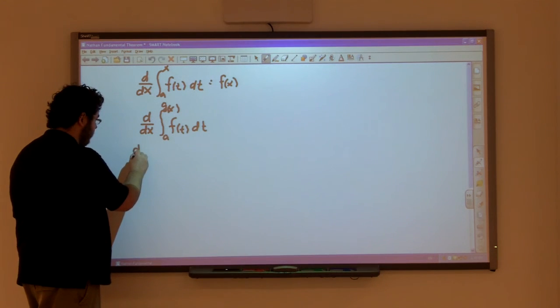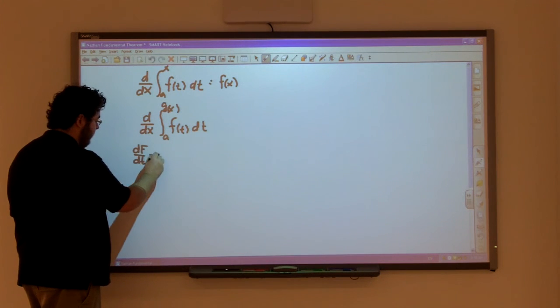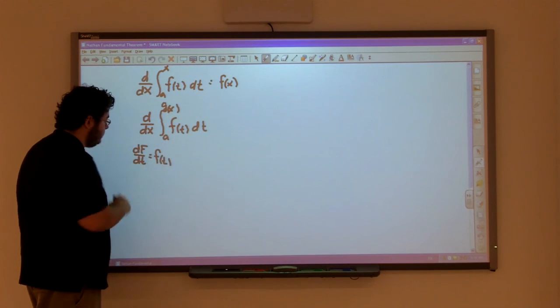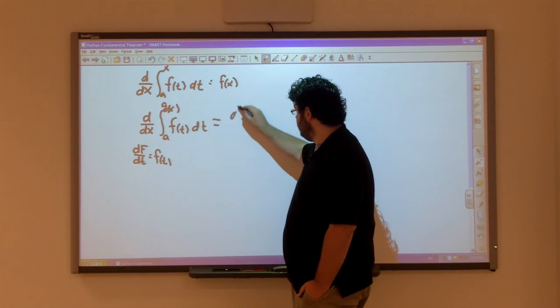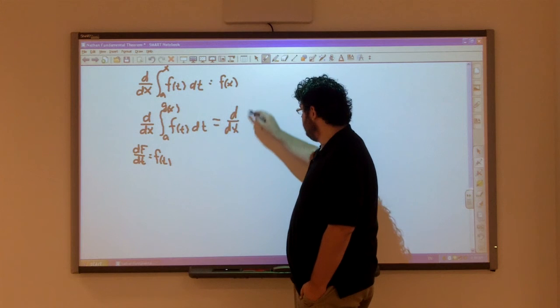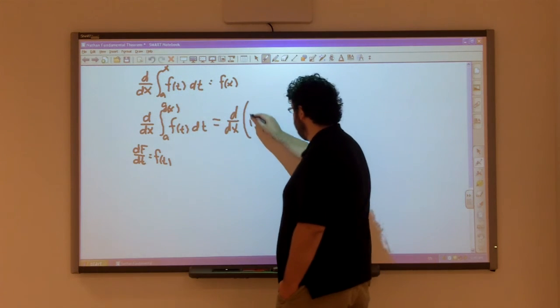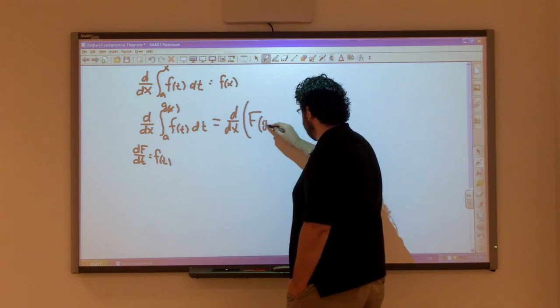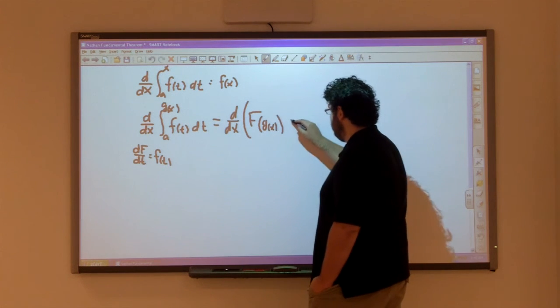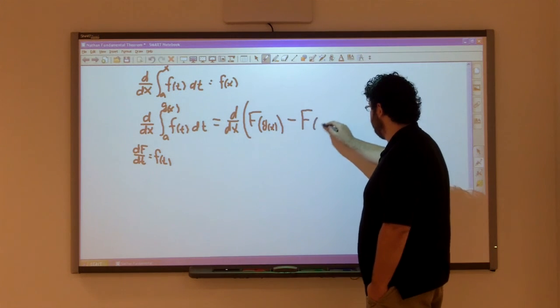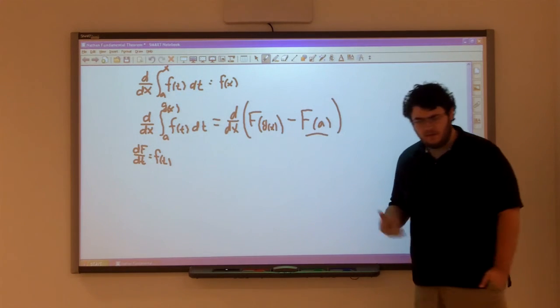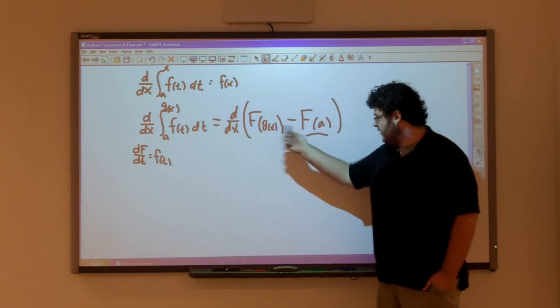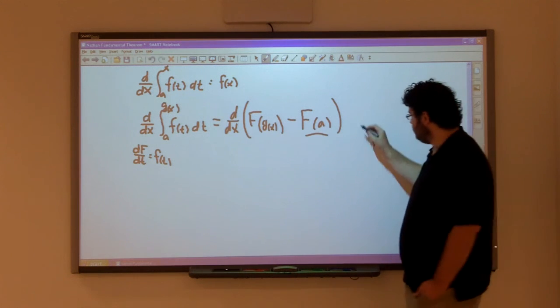So let's again assume we know the antiderivative is capital F. By the first part of the fundamental theorem, this is going to be the derivative of capital F of g of x minus capital F of a. Again, this part is simply 0 because it's the derivative of a constant.